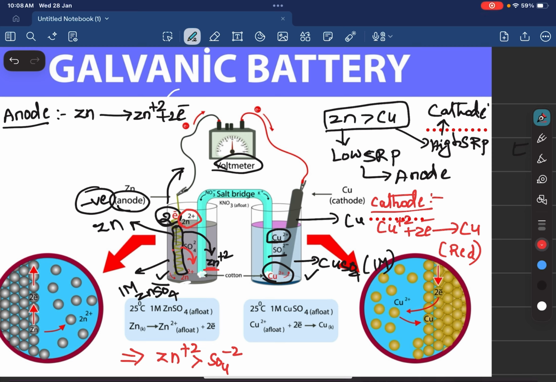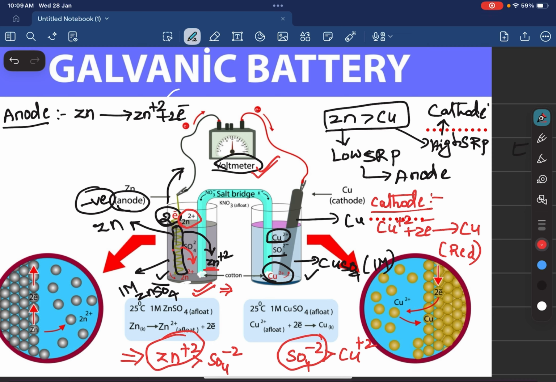Similarly, in the cathodic chamber SO4 2- ions increase relative to Cu2+ ions. That's how positively charged ions increase at the anodic chamber and negatively charged ions increase at the cathodic chamber. So this positive and negative charge imbalance in the two half cells is how the potential difference exists between them. That potential difference is measured with the help of a voltmeter.